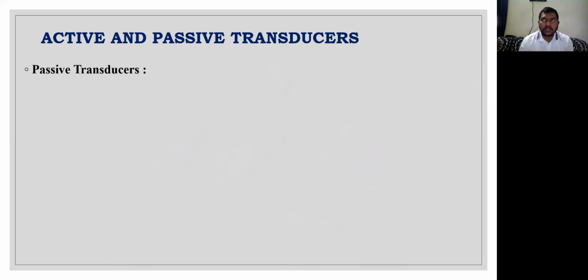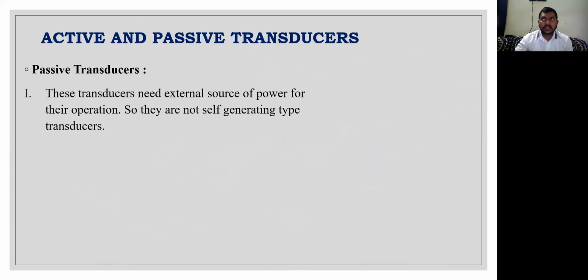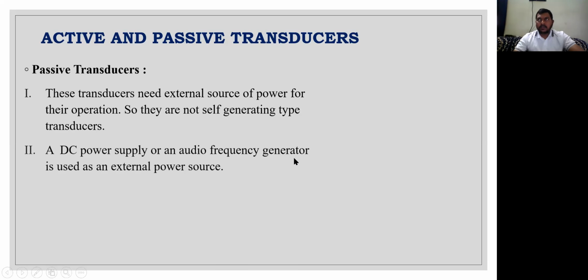So passive transducers are those transducers which need an external source of power for their operation. So they are not self-generating, right? It is the reverse of active devices.